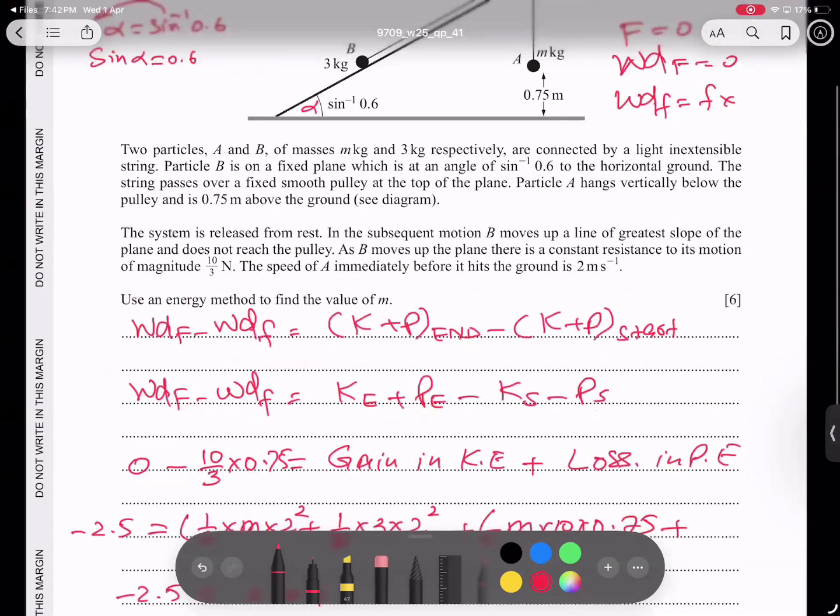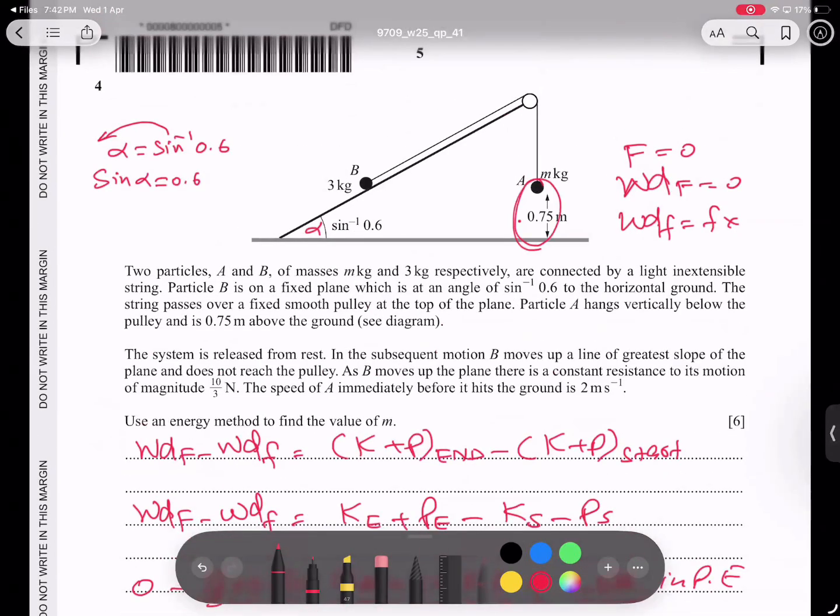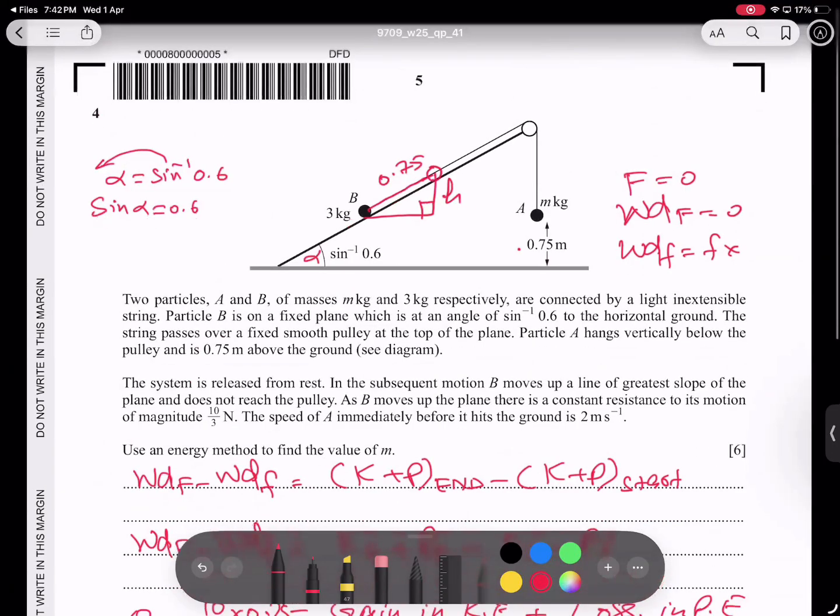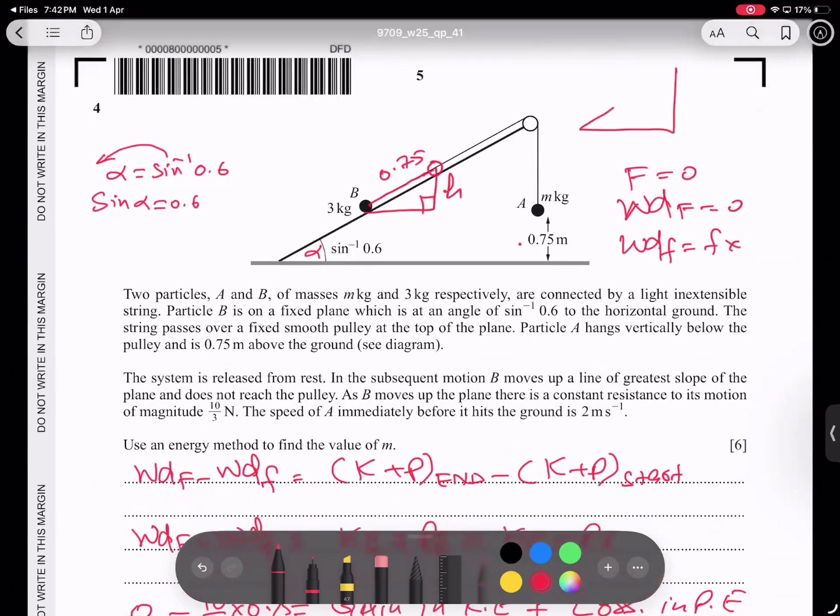And what about the other one? Here it is gaining. How much is it falling down? 0.75. And how much will it move up? 0.75. So basically I get a triangle here. This is distance 0.75, and this height I want to know. What is the basic technique? I apply the triangle technique with 0.75 and this alpha: opposite by hypotenuse is equal to sine alpha.